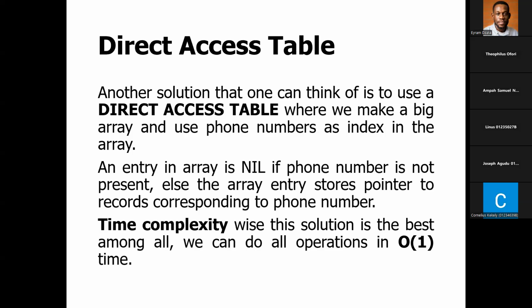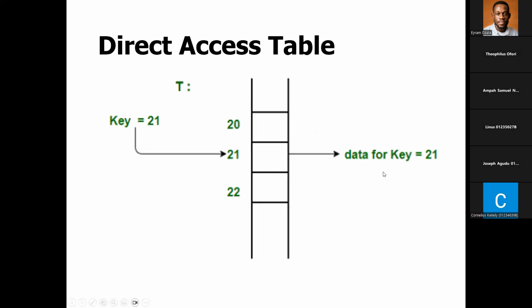So basically what the direct access table is doing is that the phone numbers are going to be represented as the index. So what will happen is that we have a key value, for instance, a key value of 21.